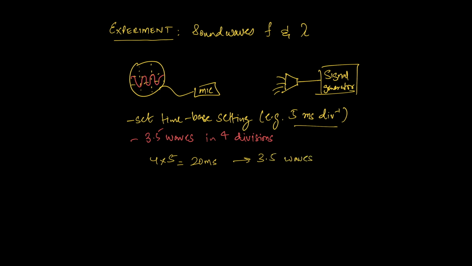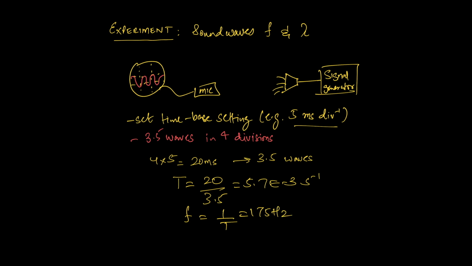What is the time period of the wave as a result of this? The time period is going to be 20 divided by 3.5, which is equal to 5.7 times 10 to the minus 3 seconds. And what is the frequency? Frequency is just 1 over T, which is 175 hertz. So you just figured out the frequency.